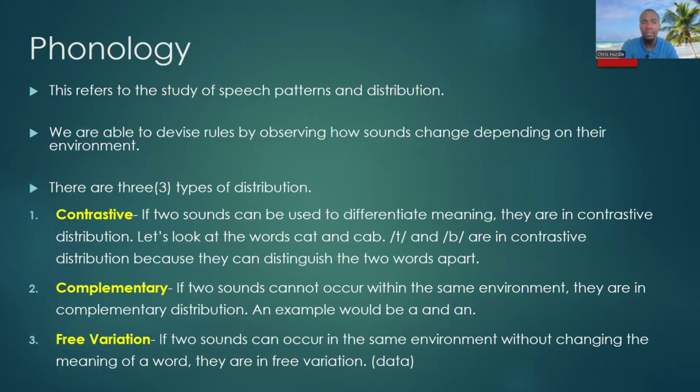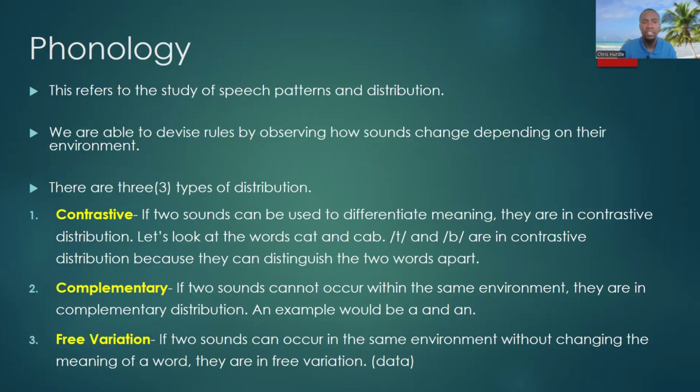They're in contrastive distribution because they can distinguish the two words apart, right? If we remove them, we would have the same C and A, right? So those are two separate phonemes, all right? When it comes to contrastive distribution, we're dealing with minimal pairs.